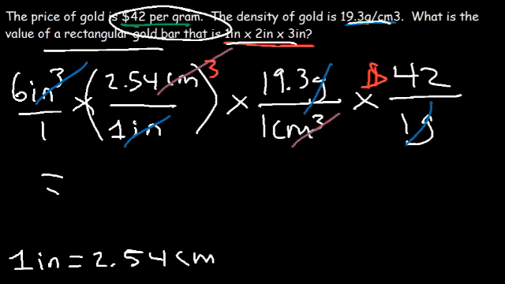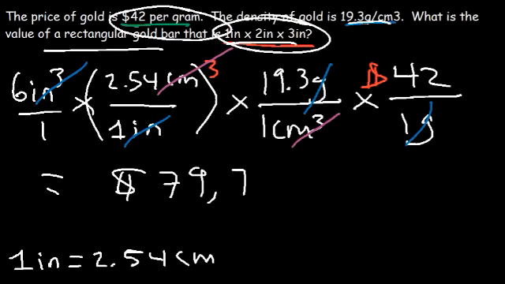So now we can get the answer. So it's 6 times 2.54 raised to the third power times 19.3 times 42. So this particular gold bar is worth $79,700.12.